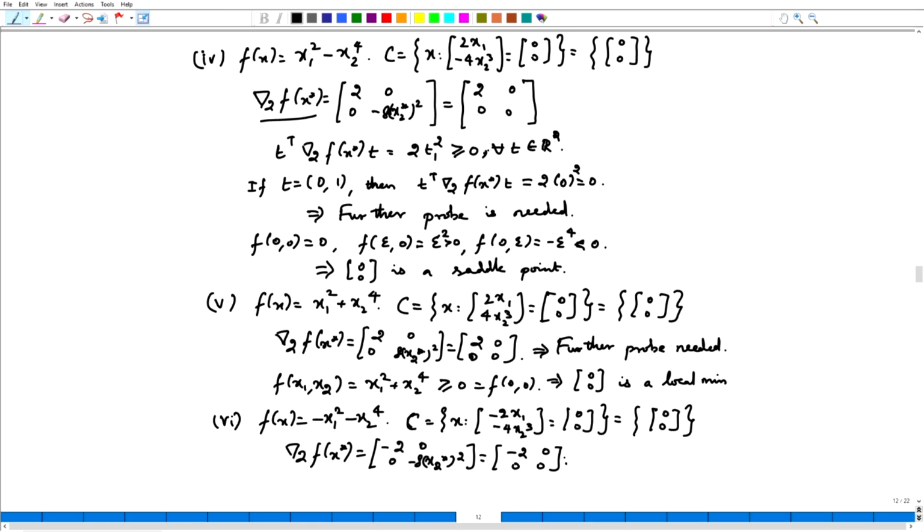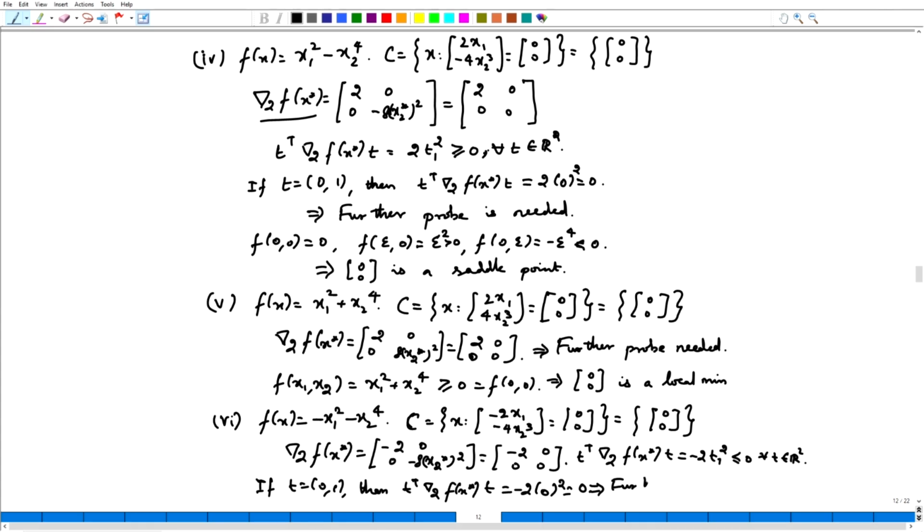There is a small change where t transpose del 2 f of x star t is minus 2 t1 squared, less than or equal to 0 for all t in R 2, but nevertheless, if t equal to (0, 1), then t transpose del 2 f of x star t is minus 2 times 0 squared, which is 0. So, that implies further probe is needed.